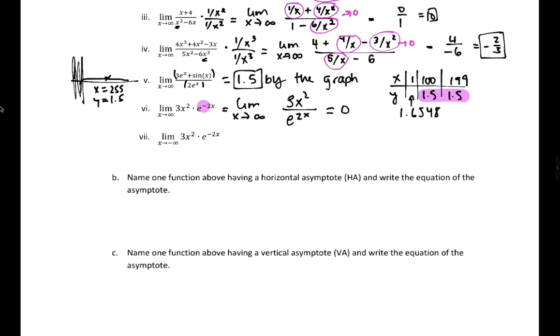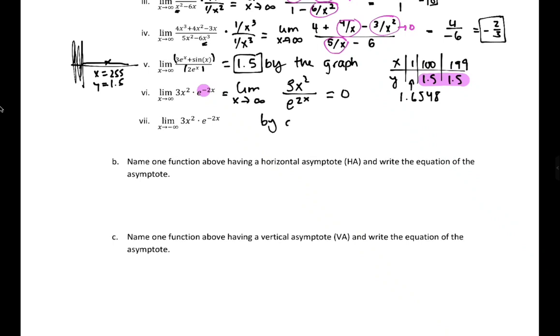So this will go to 0 by domination, because e to the 2x is much, much bigger than 3x squared as x approaches infinity, okay? So again, you can use whatever method you want. I'm just showing you one way how to do it.